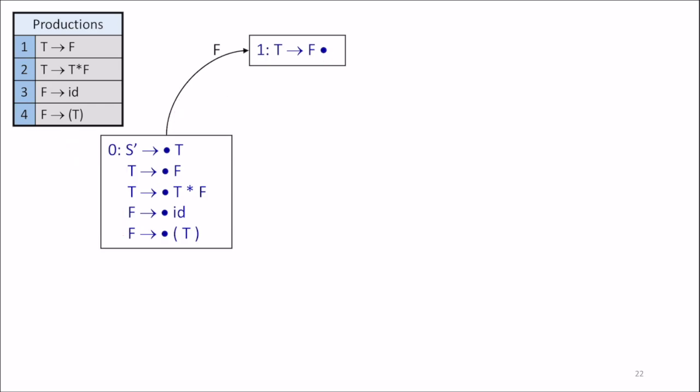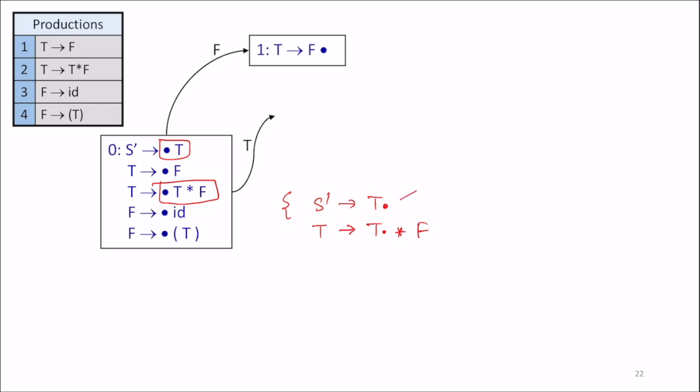And now let's look at a successor on T. Let's look for a dot in front of the non-terminal T. You can see there are two places, this one and this one. So what we're going to do is move the dot across both of them. What we end up with is a set containing S prime goes to T dot, and T goes to T dot times F. Now we have to compute the closure.